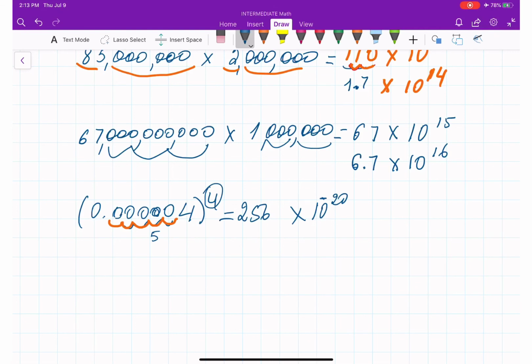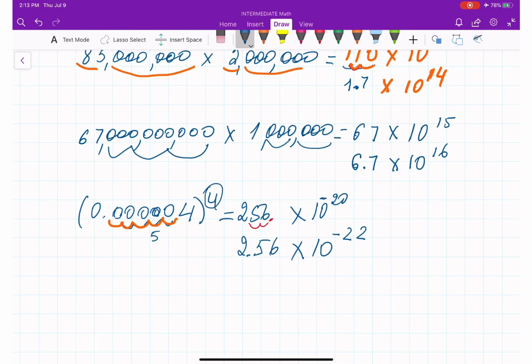So 5 times 4 is 20. And we put negative because the number has to go to the left, towards a smaller one. Now, since 256 is not a scientific notation, I have to move by 2 more positions, 1 and 2. So my answer will be 2.56 times 10 to the power negative 22.